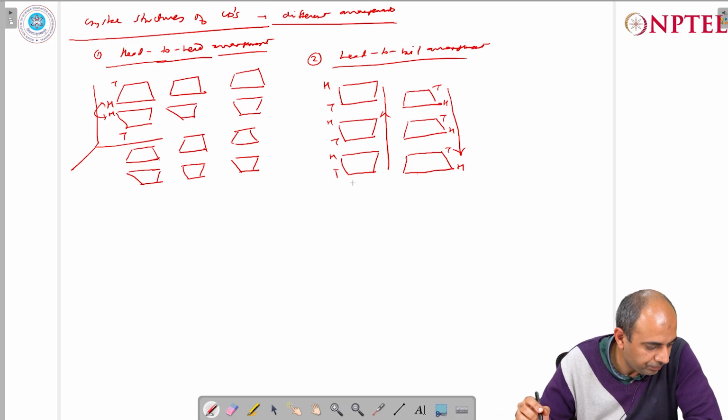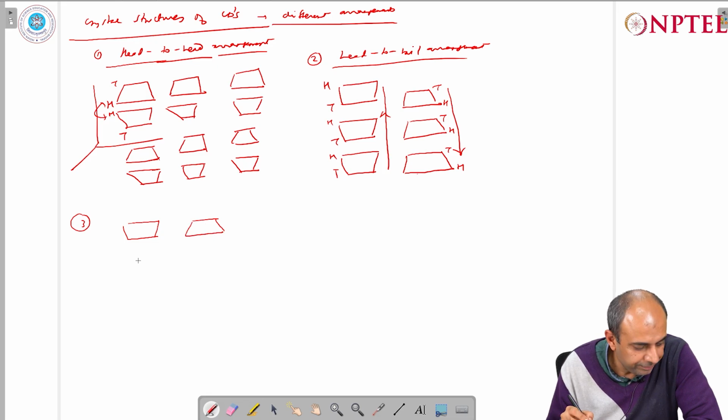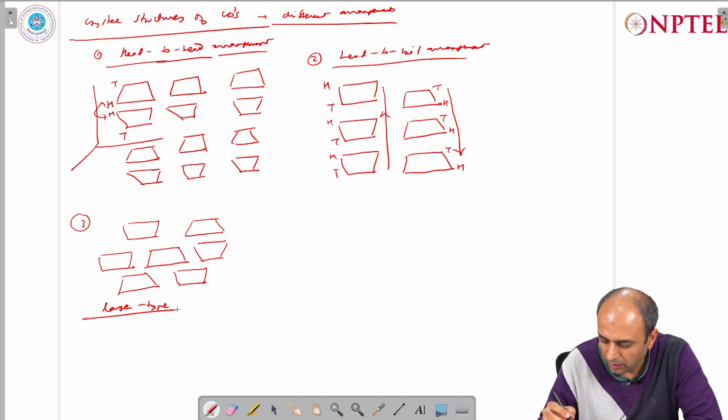We can also have a layer type of arrangement. Let us look at the third one. We can have a layer type of arrangement where we form these kind of layers. So this is a layer type of arrangement, where we have overall layers being formed.